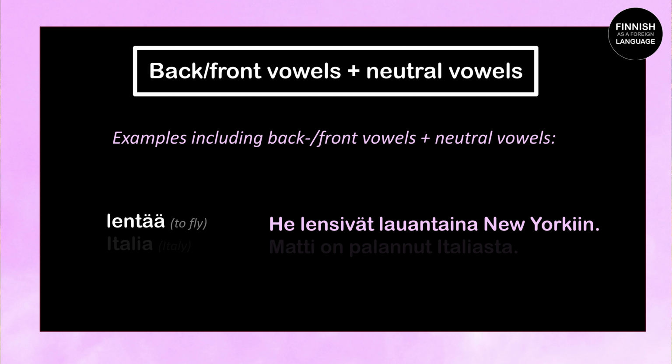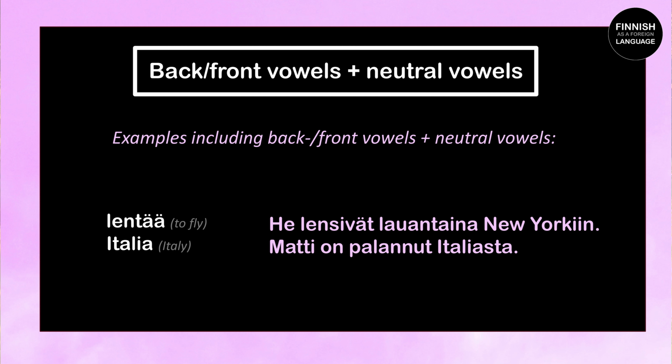Alright, next one. Matti on palannut Italiasta means Matti has returned from Italy. Italiasta here is the elative case of Italia, which means Italy. Italia consists of 2 neutral vowels and 2 back vowels, which is why we use sta here as our ending.